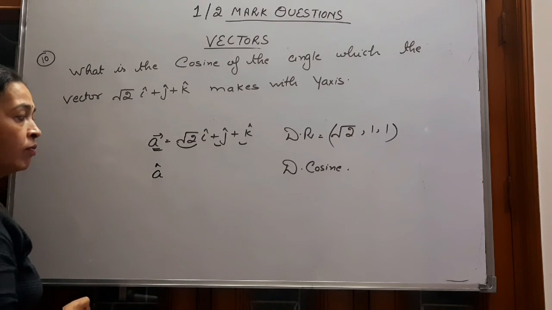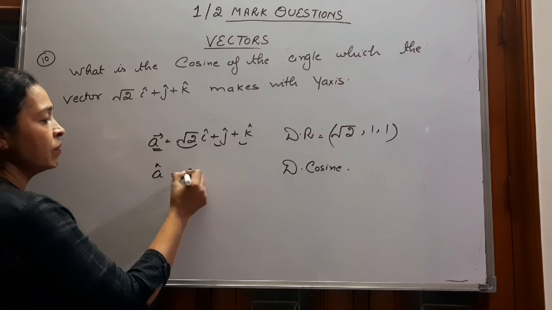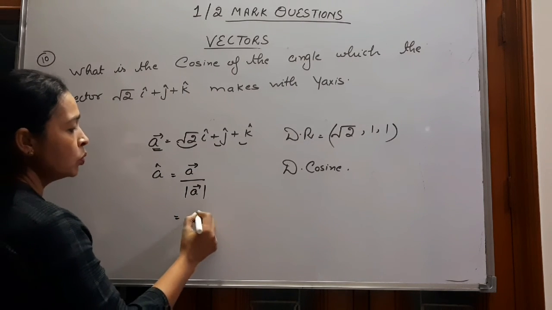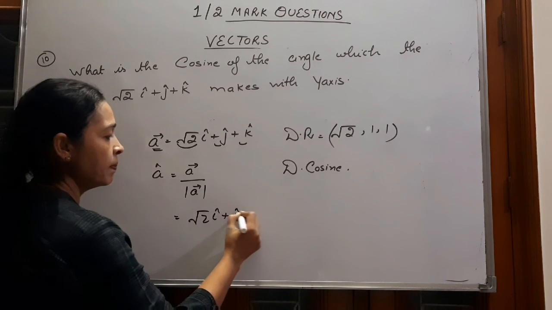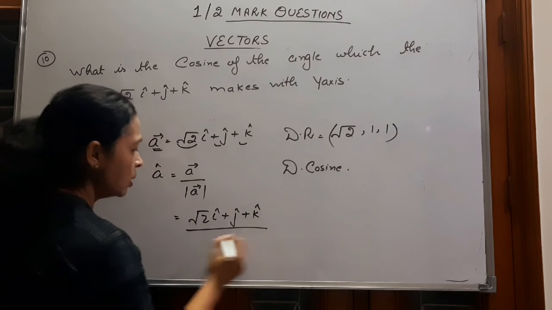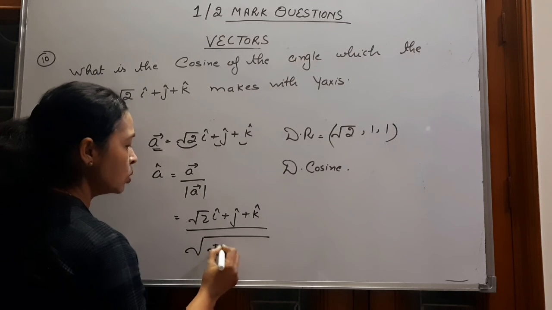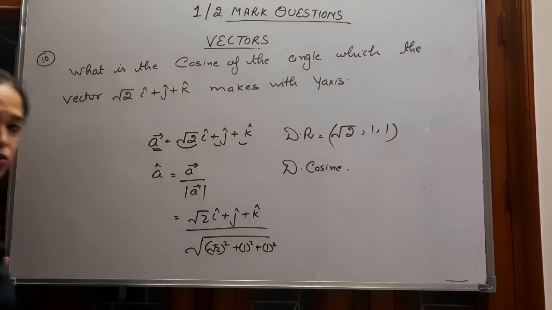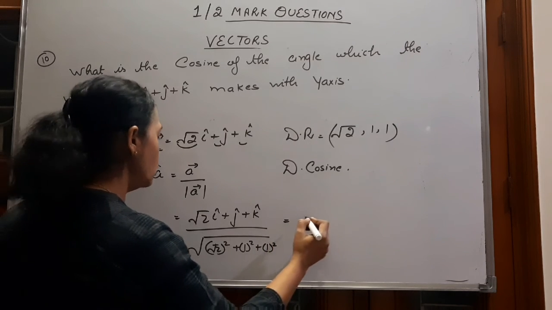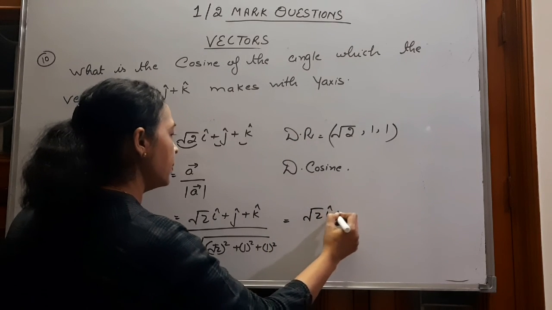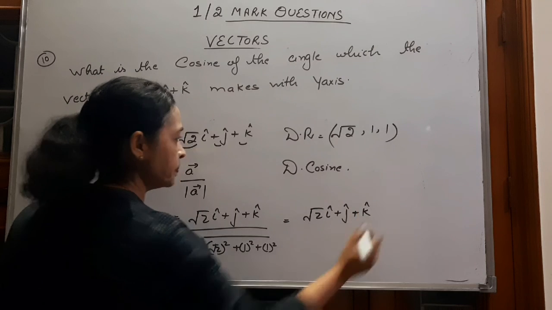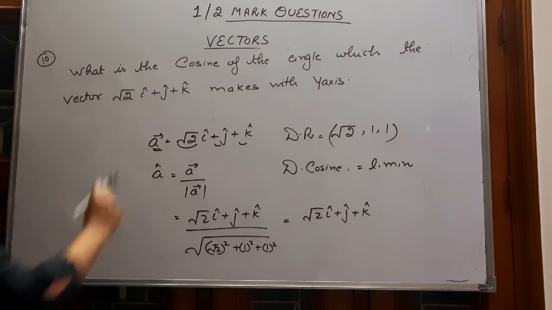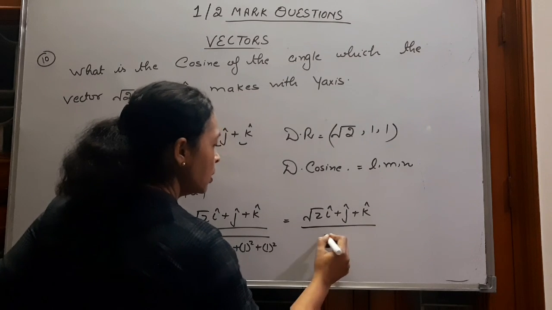Now, what will we do? We will find the unit vector A cap, which equals vector A upon magnitude of vector A, root 2 i cap plus j cap plus k cap upon under root of root 2 whole square plus 1 square plus 1 square. This is root 4 and which equals 2. We have root 2 i cap plus j cap plus k cap upon 2. Direction cosines are l, m and n, which are the components of the unit vector.